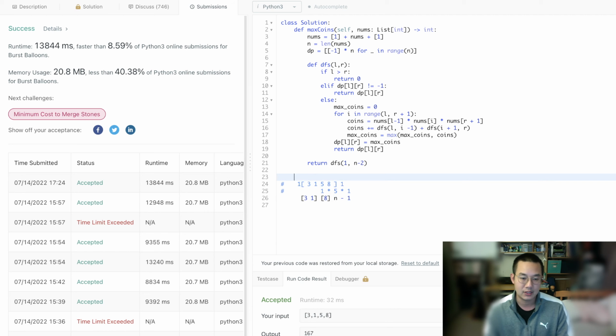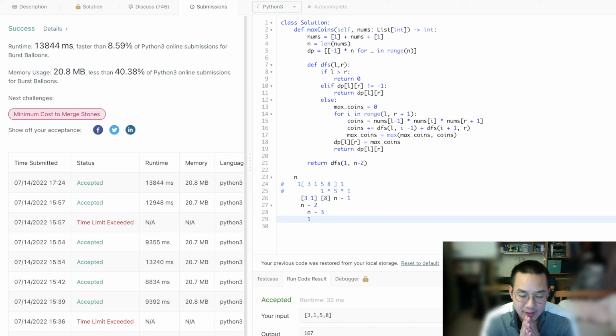So the height of this tree is n. At each level, we're multiplying this by n, n minus 1, n minus 2, and n minus 3, until it's 1.